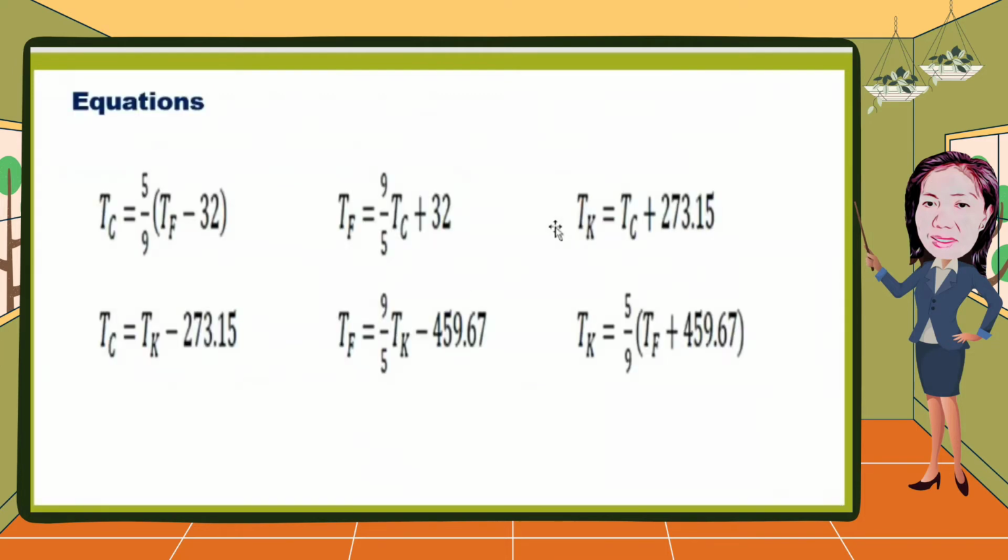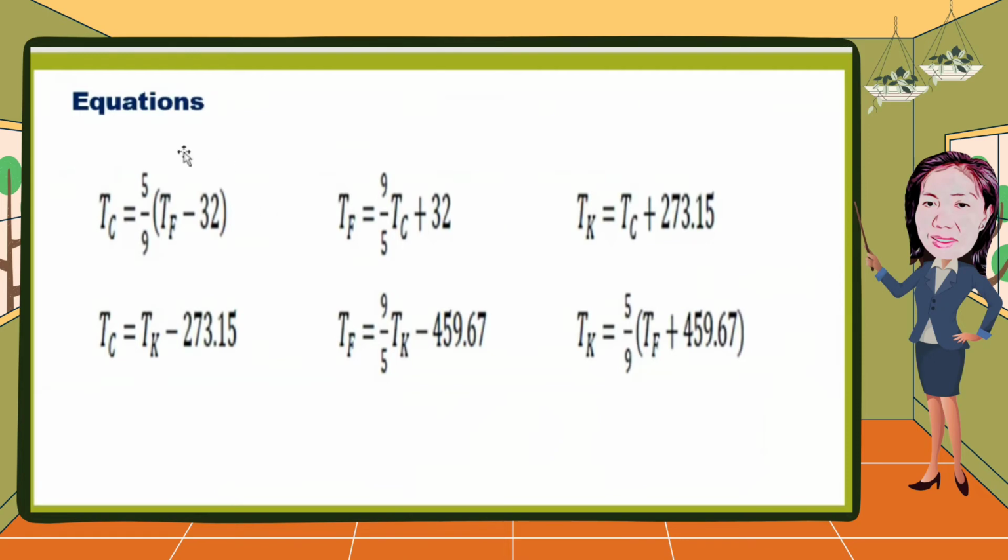Okay. So, in your module, the equations are given. We have 1, 2, 3, 4, 5, 6 equations in converting one temperature scale to another. The first one is, you're going to use this equation if the Fahrenheit temperature, TF is temperature in Fahrenheit, TC is temperature in Celsius.